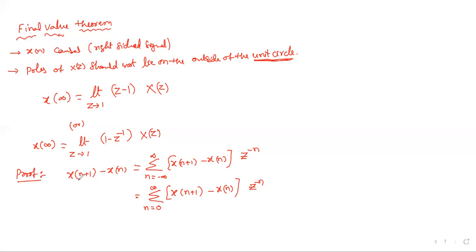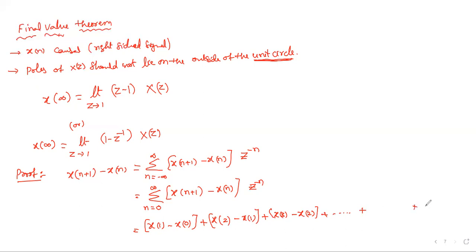Now, n equal to 0, you substitute: x of 1 minus x of 0, plus n equal to 1: x of 2 minus x of 1, plus n equal to 2: x of 3 minus x of 2, and so on up to the last term.